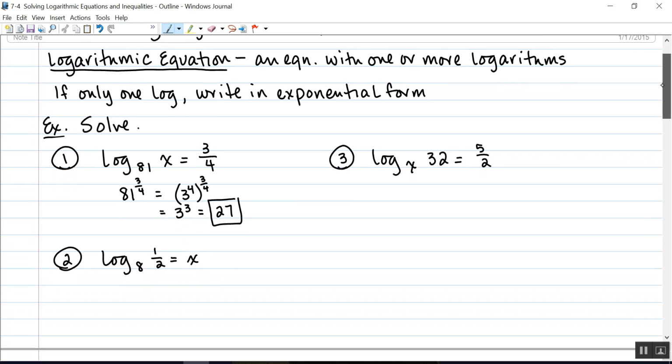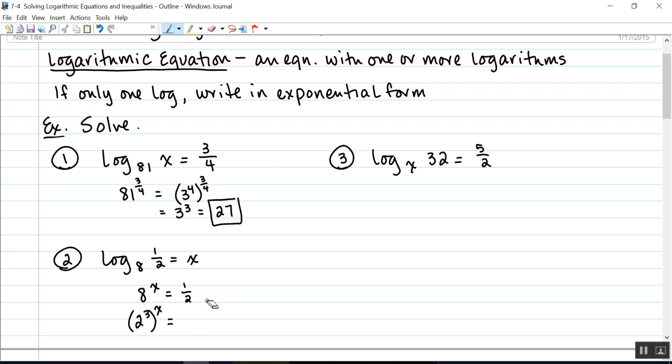Example number 2 here is a little more straightforward. Log base 8 of 1/2 equals x, or 8 to the x equals 1/2. Let's go ahead and write both sides with a base of 2. So that's 2 to the 3rd raised to the power of x is equal to 2 to the negative 1.